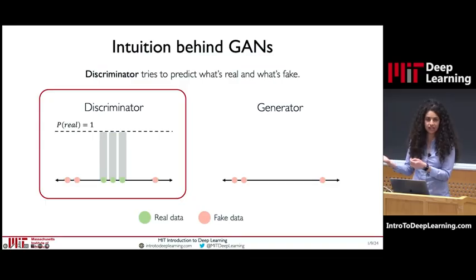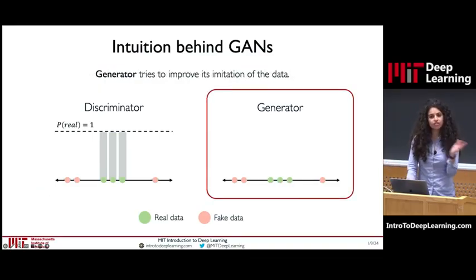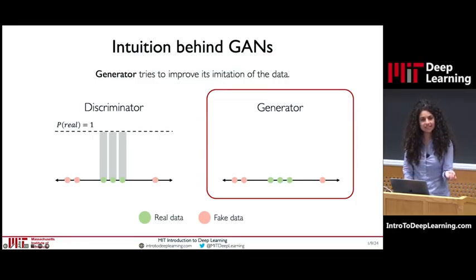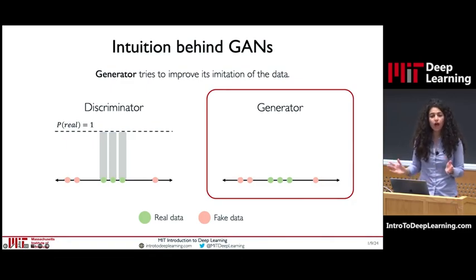It can perfectly tell us what's fake, what's real. Now the generator comes back, and it sees now where those real data instances lie. And the objective that we supply to the generator is move your samples closer and closer to these real instances.